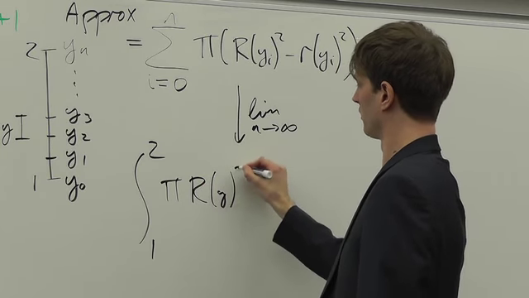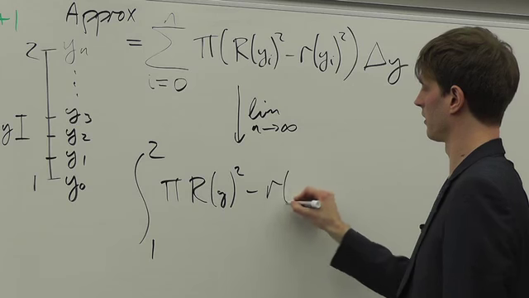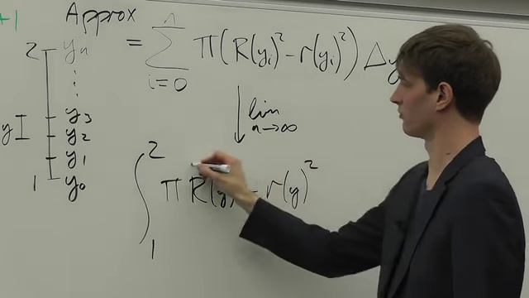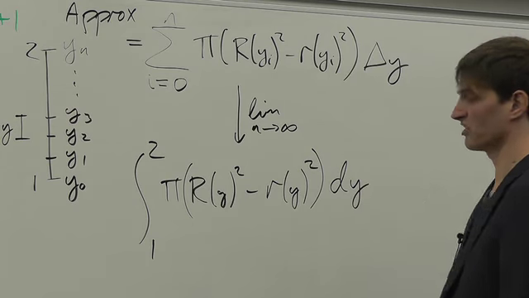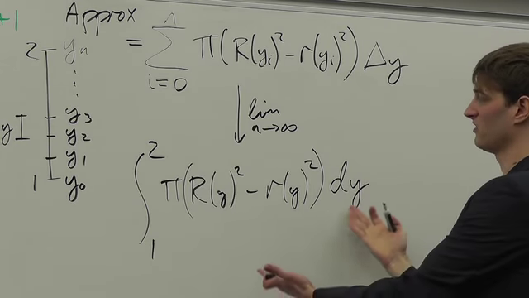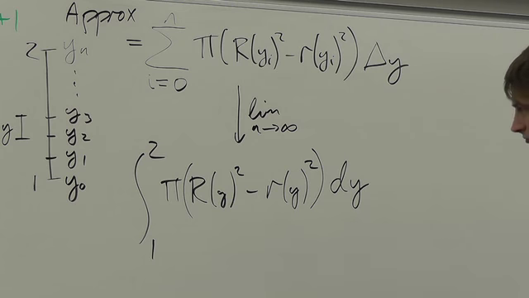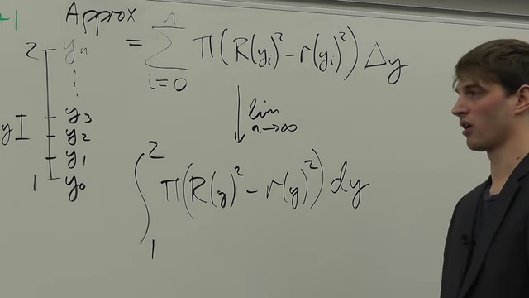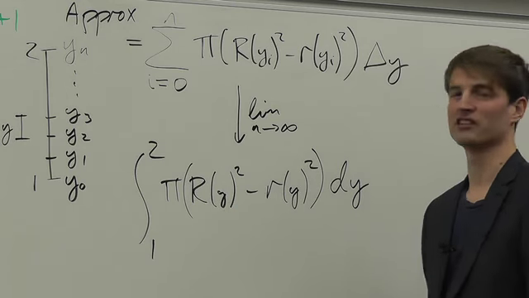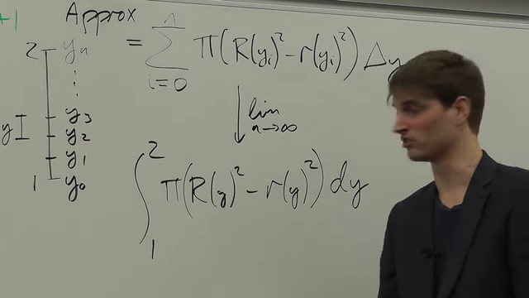So I've got big R is a function of y, and little r is a function of y. And I replace the delta y by a dy. Okay, so all that remains to be done is to determine big R and little r in terms of y, and then I've got an integral that I can hopefully compute.